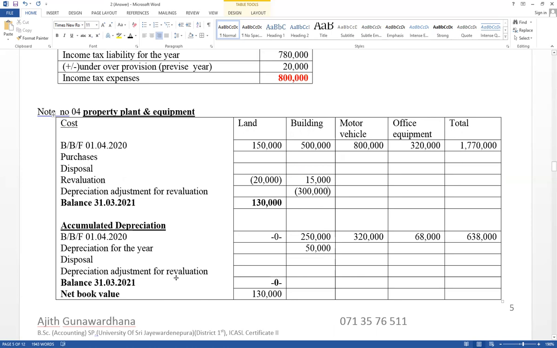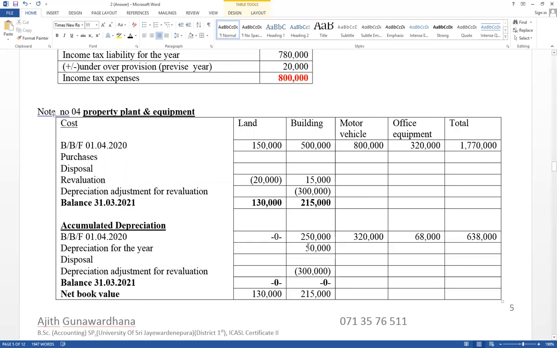As well as accumulated depreciation also, as a depreciation adjustment for revaluation, deduct 300,000 at the time of revaluation. Total depreciation deducted on both sides. If it has been correctly recorded, the closing balance should be equal to the revaluation amounts and accumulated depreciation 0, since it was given at the end of the revaluation. Net book value also equal revaluation amounts.